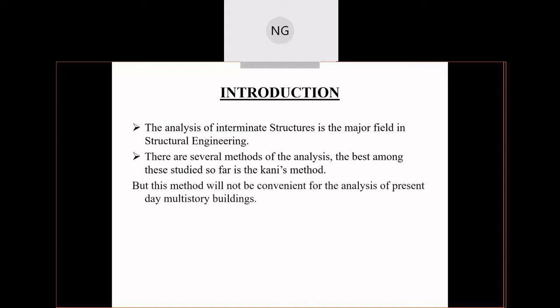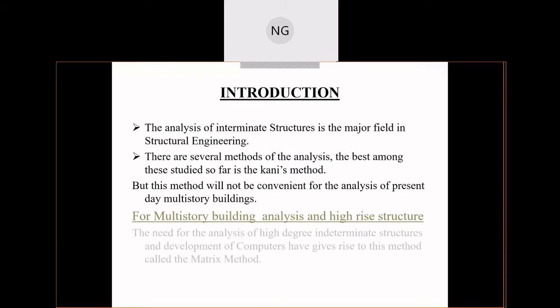But this method is not convenient for the analysis of present day multi-storey buildings and high-rise structures. The need for the analysis of highly indeterminate structures and the development of computers have given rise to the method called the matrix method.